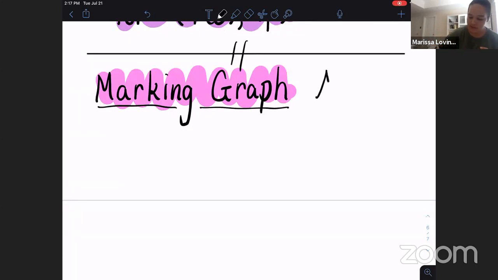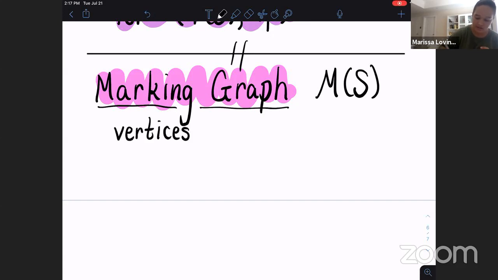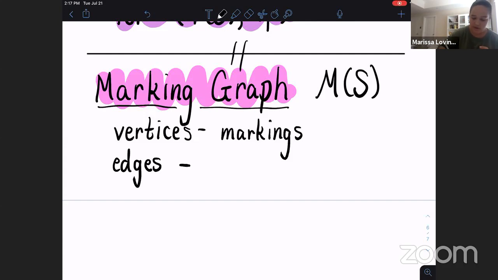Okay, so again, I'm going to denote this by this script M. This is the graph that has as its vertices markings, which we haven't said what those are yet, so never fear. And as edges, we're again going to have some type of elementary move.